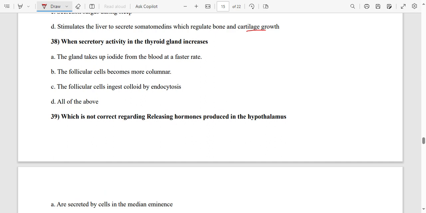38. When secretory activity of the thyroid gland increases, the gland takes up iodide from the blood at a faster rate. You expect that. Remember, the thyroid gland uses iodine to make its thyroxine. D. That stimulates the liver to secrete somatomedins.